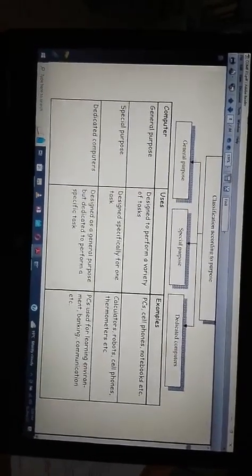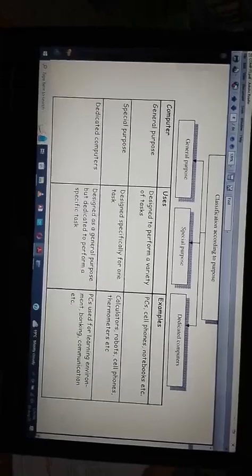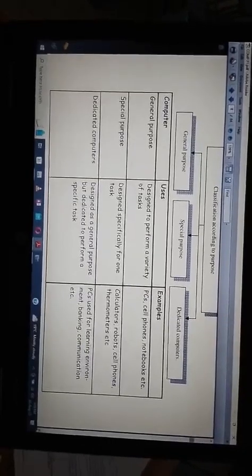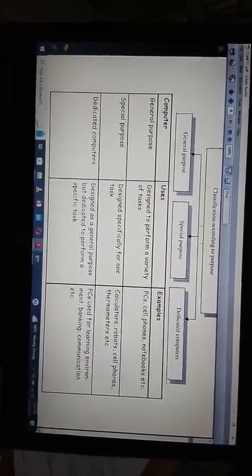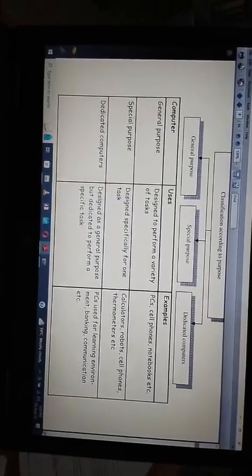A calculator is a good example of special purpose. And that one alone, when I talk about calculator, because it's specifically for one task, that's a very good example of special purpose.